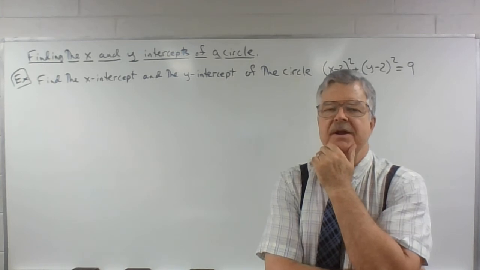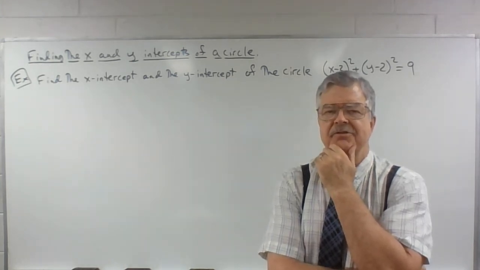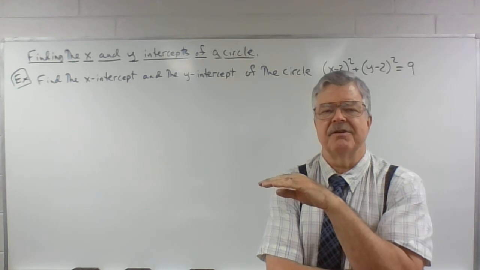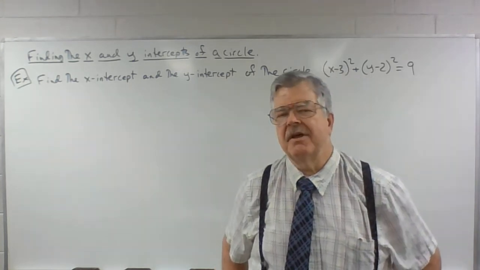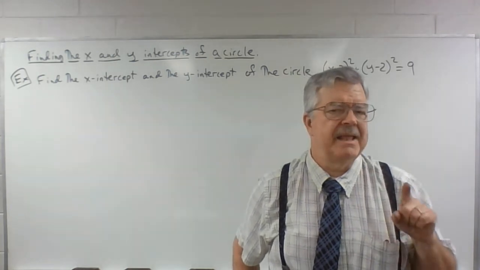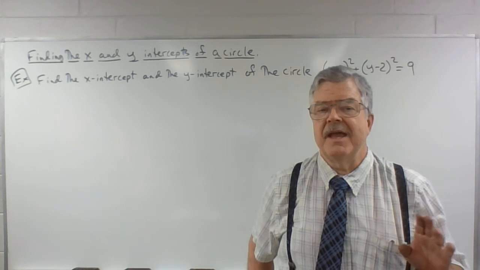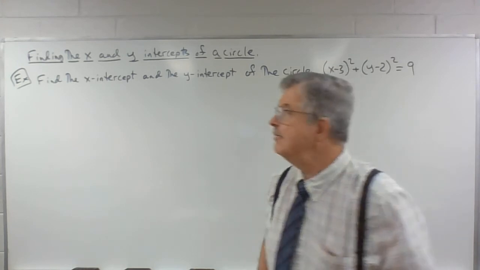Isn't that where the graph of the function crosses the x-axis? And what's the identifying characteristic of the x-axis? Isn't the x-axis the set of all points where y equals 0? So to find the x-intercept, we set y to 0 and solve.